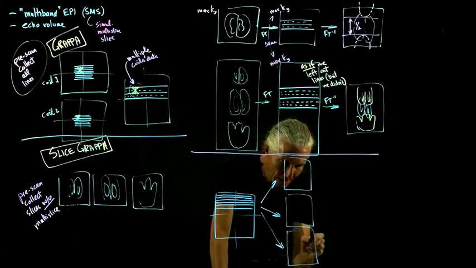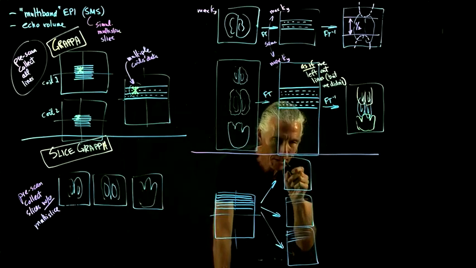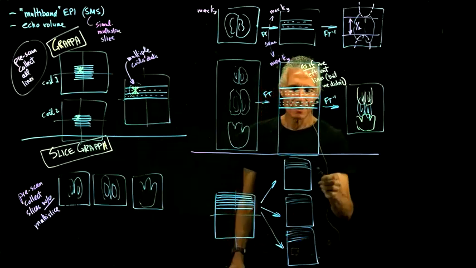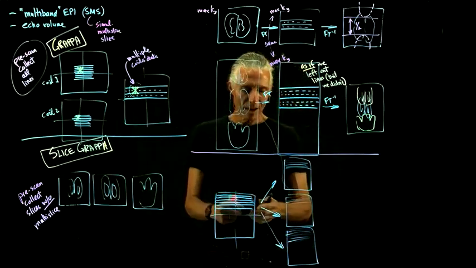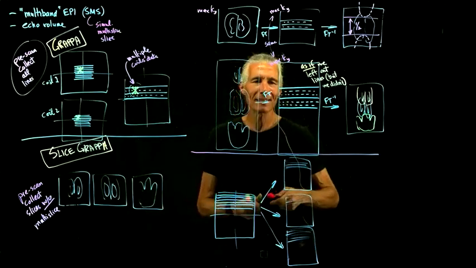These will be full k-spaces that have all the lines in them. It's using a similar strategy to effectively fill in these missing lines.